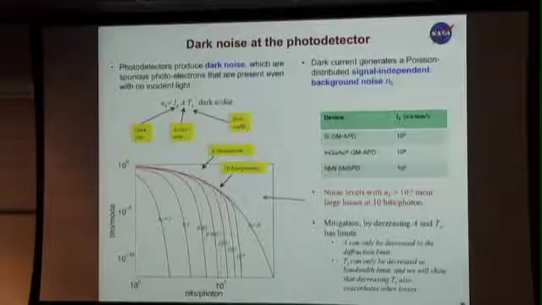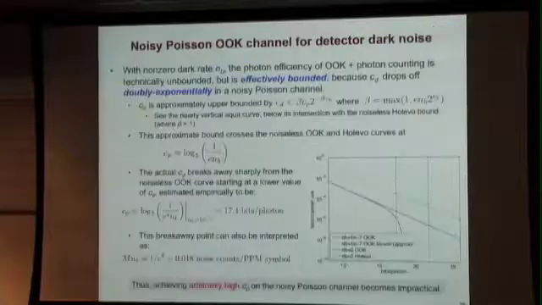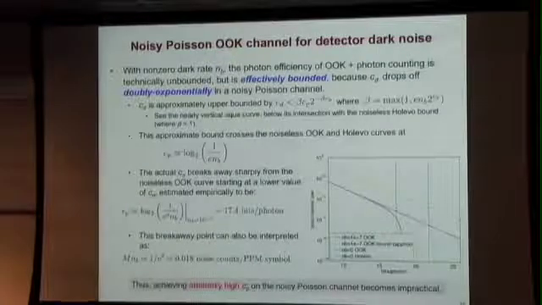So a lot of the game, when we want to get to high photon efficiency, once this deviation occurs, is that we have to have a device that has a low enough background, low enough dark current, that will follow the ideal curve down as far as we can.